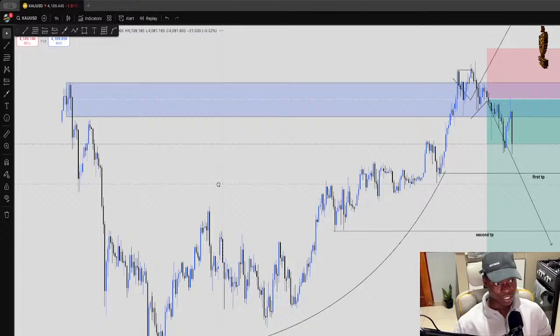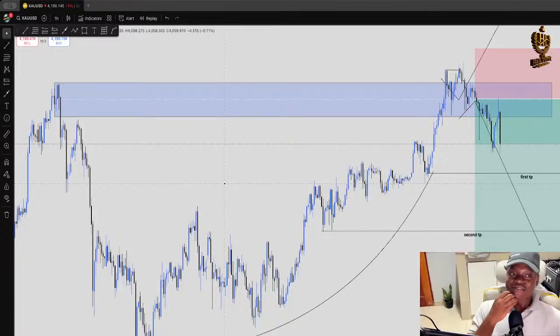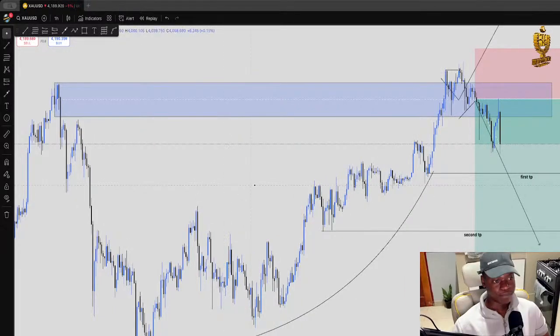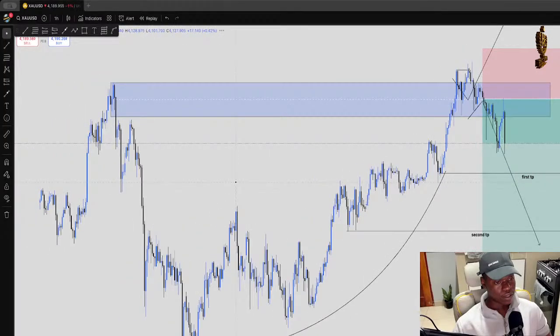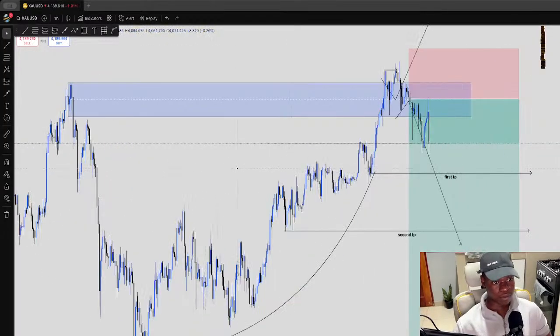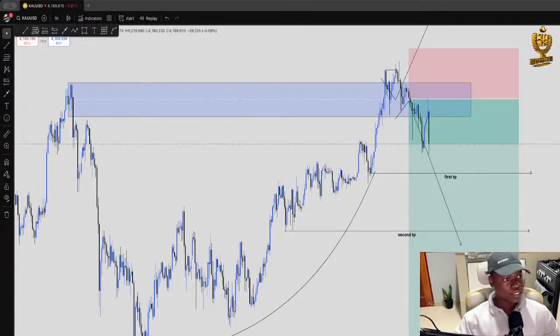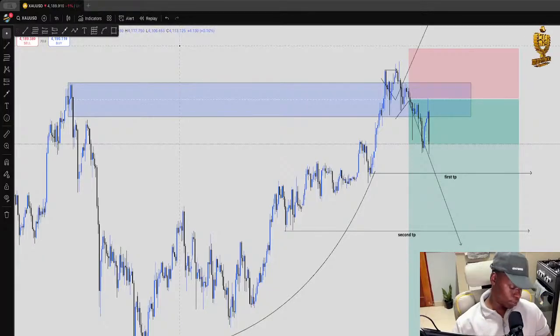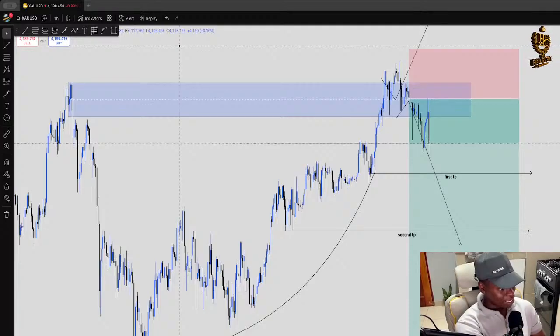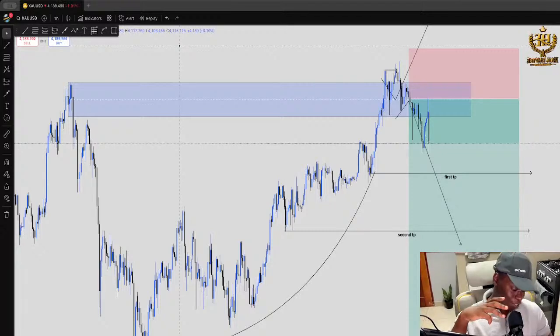As you can see, we are just a few pips away from our TP. Let me see. Yeah, few pips away. So let's just keep on looking at that gold. I want to live this life after it hits my TP.